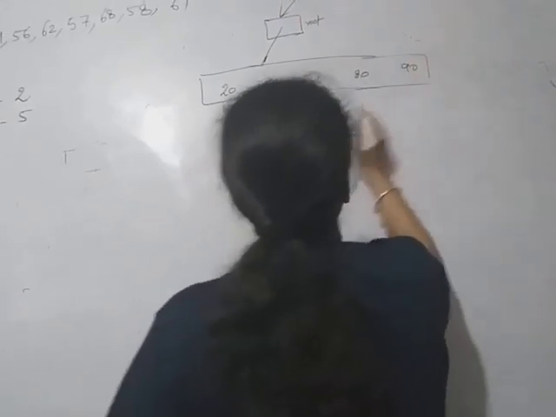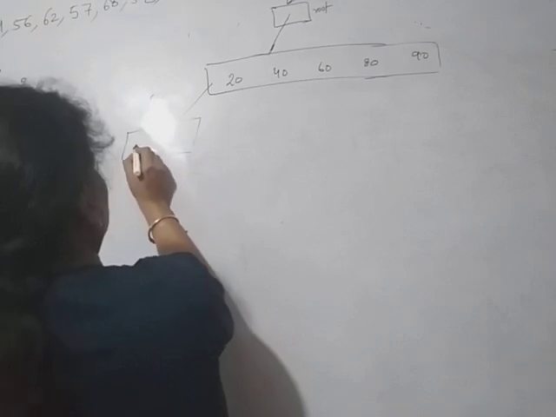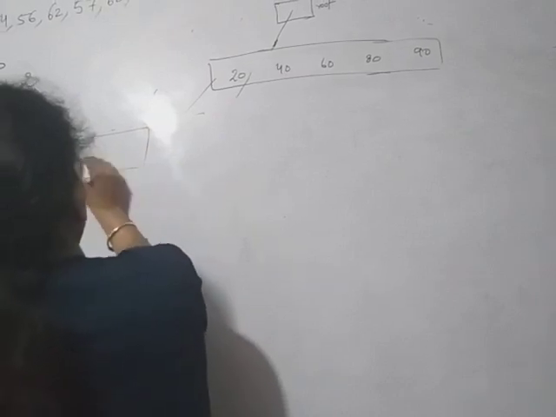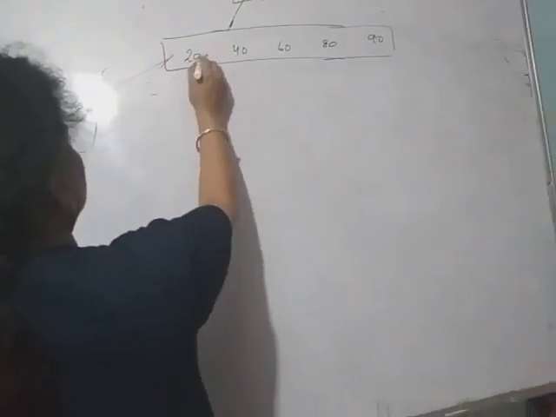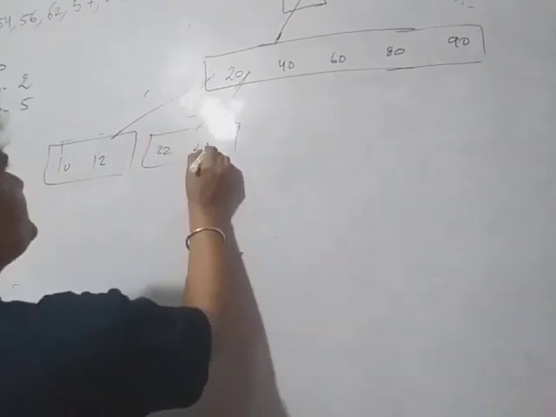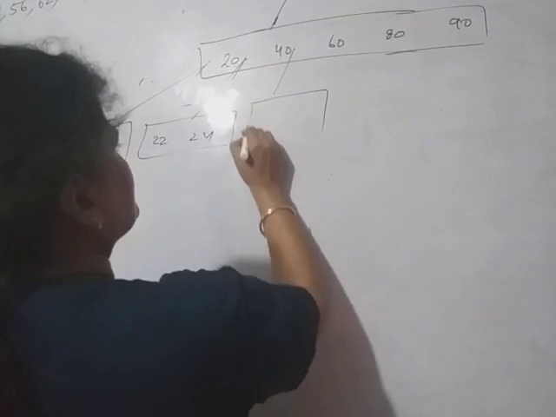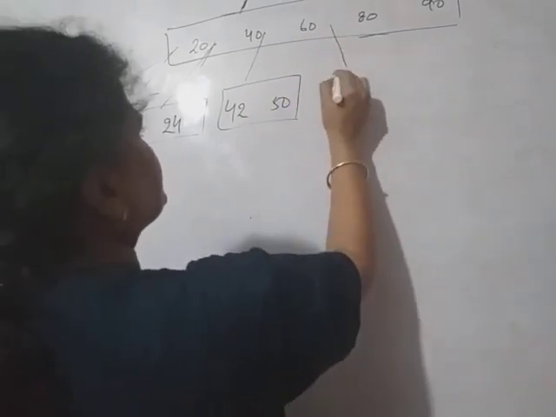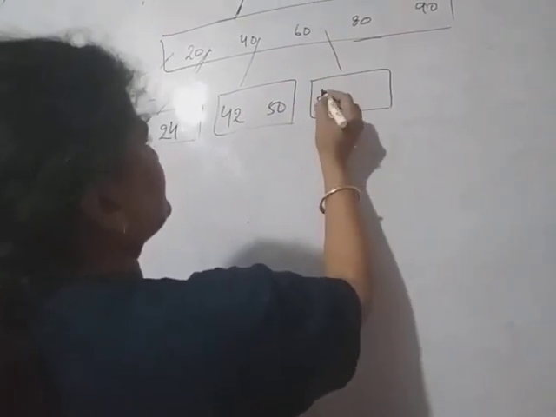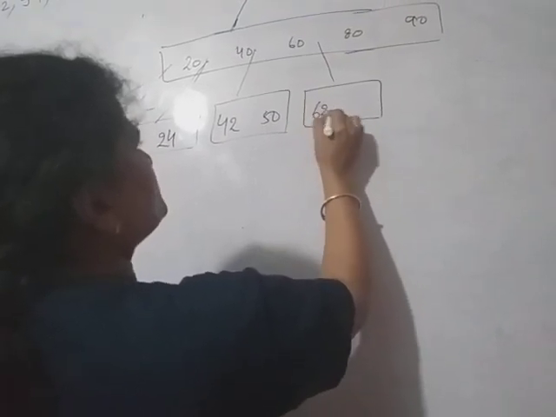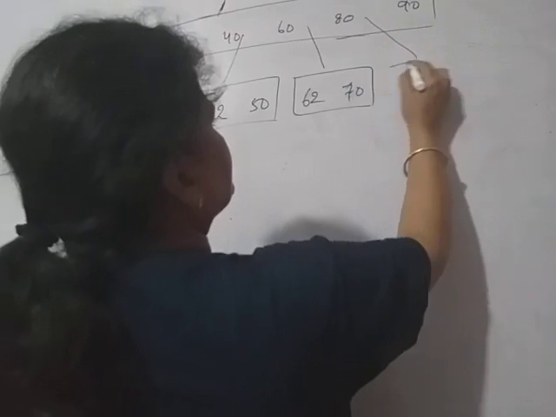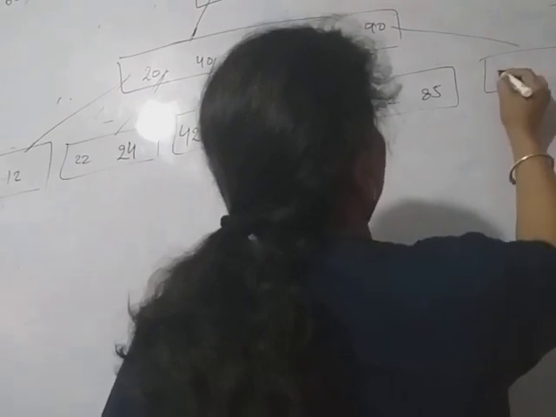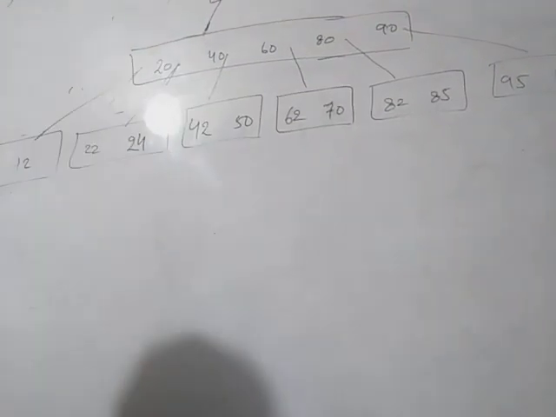The children are 10 and 12, then 22 and 24, then 42 and 50, then 62 and 70, then 82 and 85, then 95 and 100. Okay, suppose this is the case.